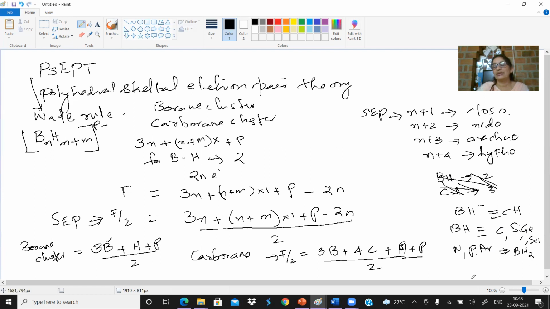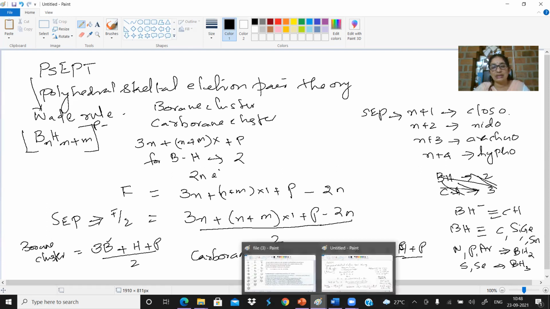You need to be aware of this when you study metallocarboranes, but since we are mentioning Wade's rule, I just mentioned this. And if sulfur or selenium is being substituted, it is like a BH3 unit is substituted.